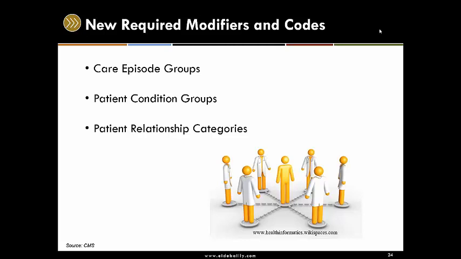The patient relationship categories, we were under the understanding that those would be effective January 18, 2018, but they did come out and state that they've finalized the level 2 HCPCS modifiers to be used on the claims to indicate these patient relationship categories.